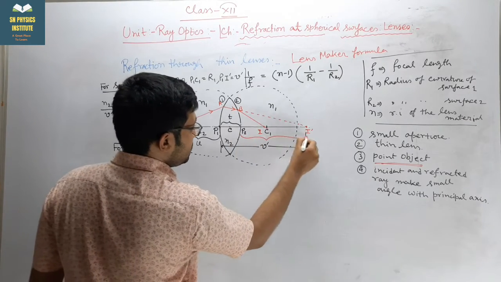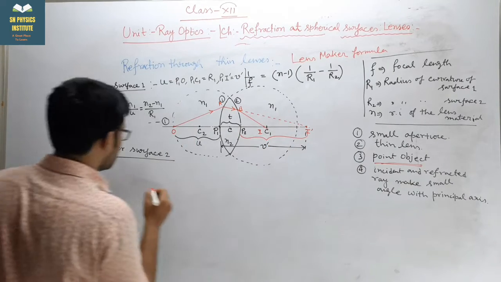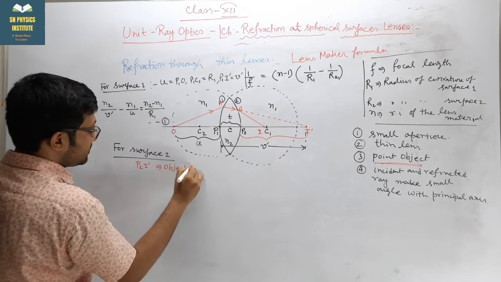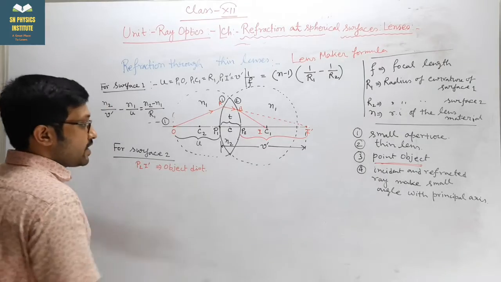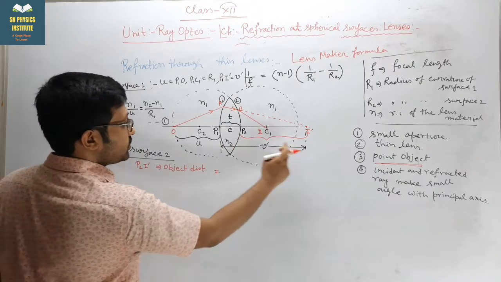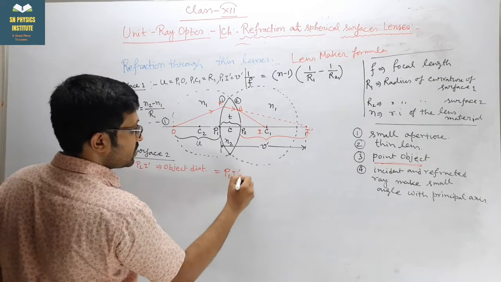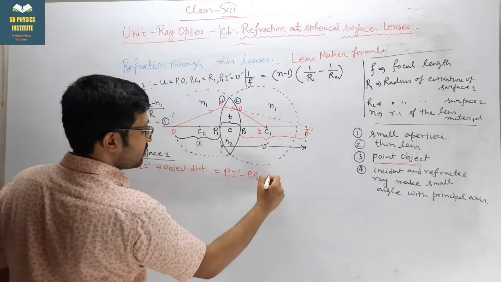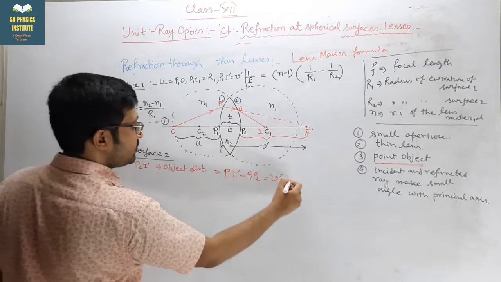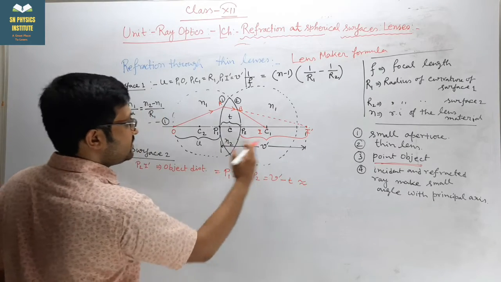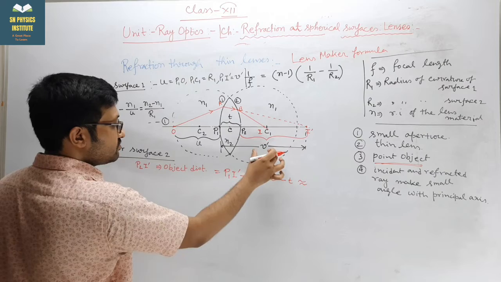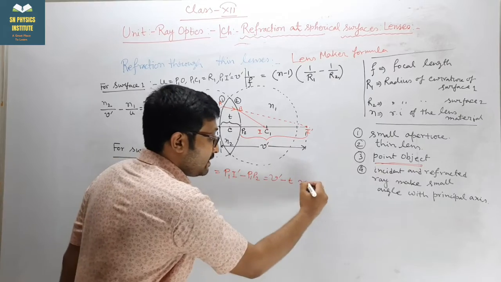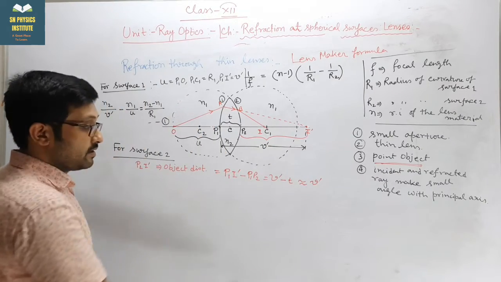So P2I prime is your object distance, and your object distance is equal to, very simple, P1I prime minus P1P2. P1I prime means v prime, and P1P2 means T. But this distance v prime is very large compared to the thickness, so I can take it as v prime, very nearly v prime.